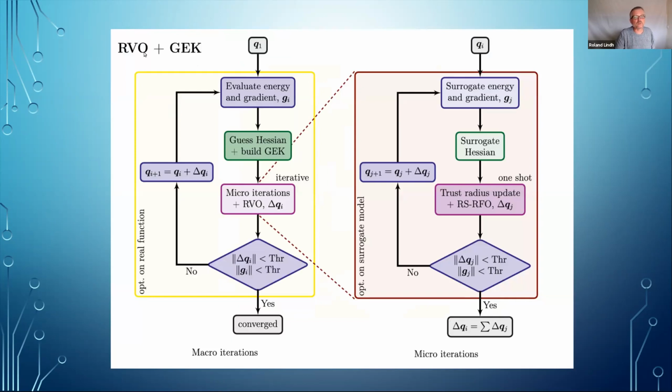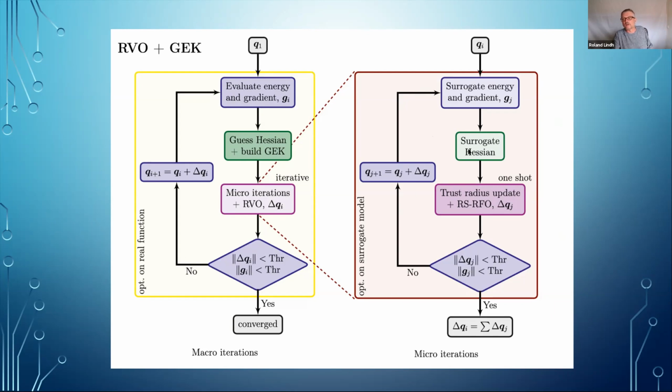With the restricted variance optimization combined with a gradient-enhanced Kriging, we have an outer loop structure that looks very similar to the one I showed you for conventional calculations. This structure looks similar, and we call this macro iterations. But down here in the micro iterations, we explore the full surrogate model. Inside here, we use our surrogate surface and make a complete optimization on this surface.